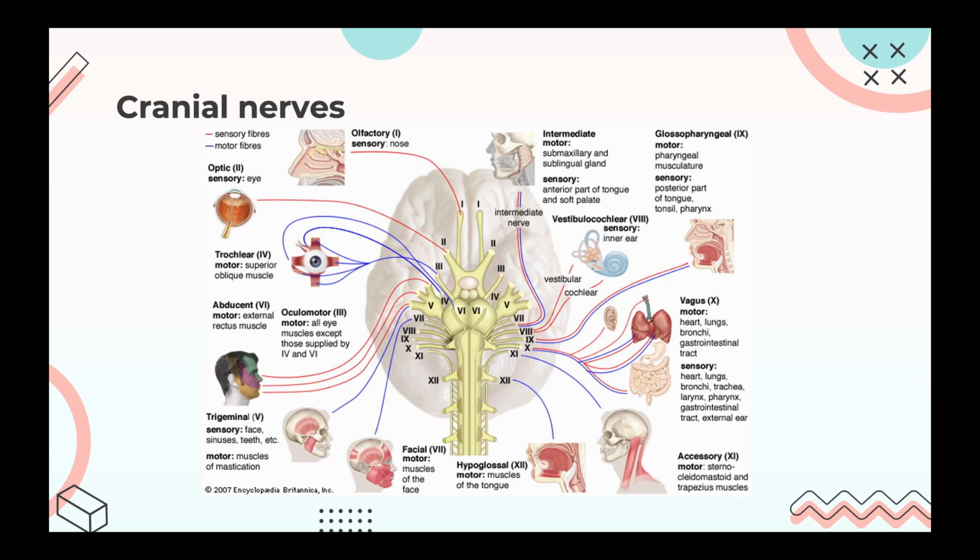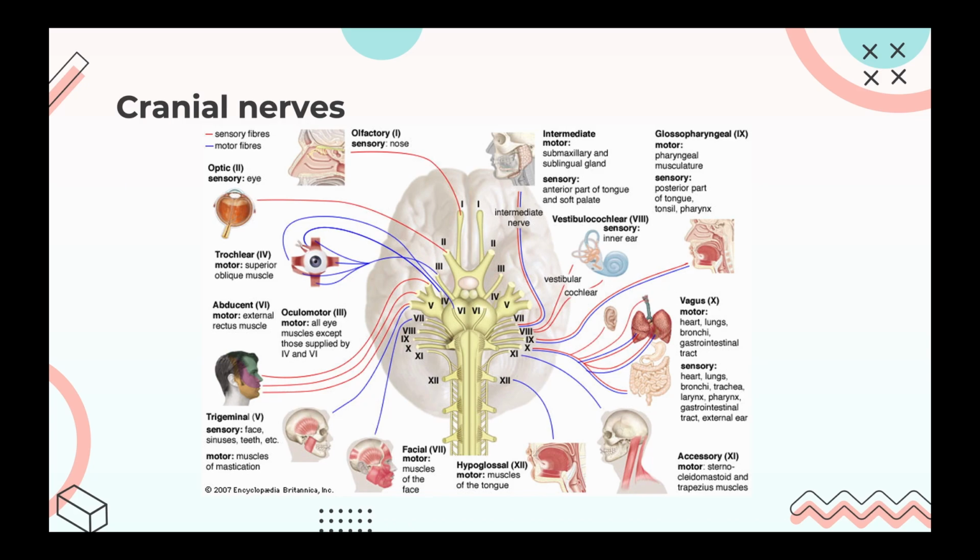I cannot seem to find, oh, there, the vestibulocochlear nerve. And it's a sensory nerve, and it actually supplies sensory inputs to the vestibulum and the cochlea. And the cochlea is, of course, for your sense of hearing, and the vestibulum is for your sense of balance. So this is where hearing and balance are controlled.